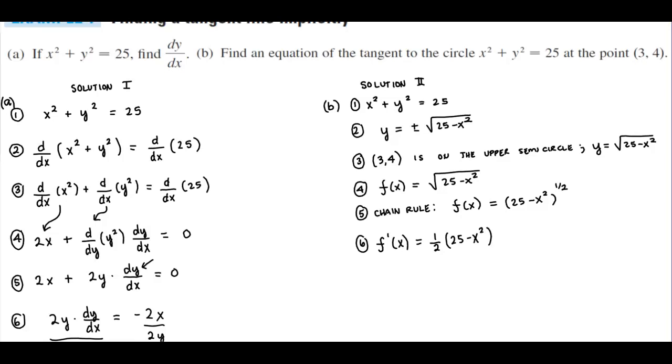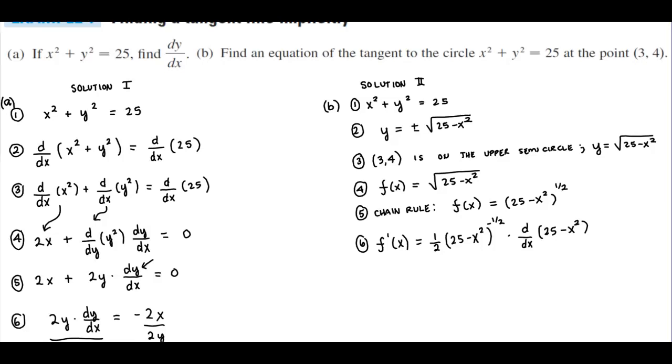If we take 1/2 and subtract 1, it gives us negative 1/2. Then we multiply by the derivative of the inside function, which is 25 minus x squared.